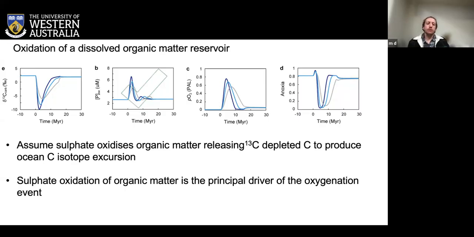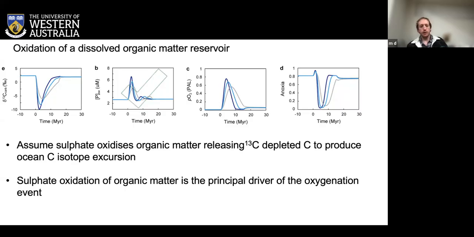But this was a really great paper where they put forward an idea where the Shuram excursion could have been driven by an input of sulfate into the oceans, which oxidized a large dissolved organic matter reservoir. And this released a lot of carbon-12, or light carbon, into the oceans to give us this carbon isotope excursion. So we built on this model. So we used the framework.